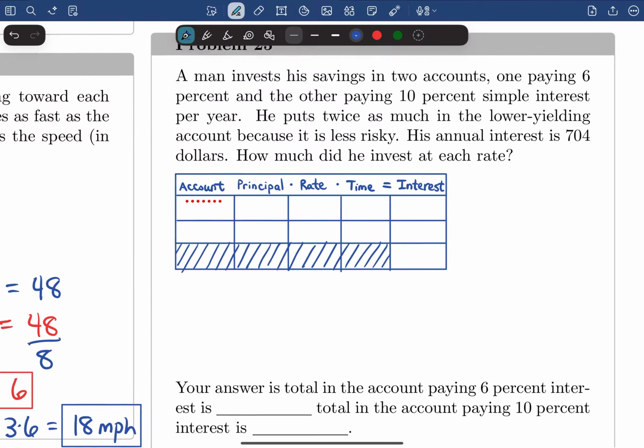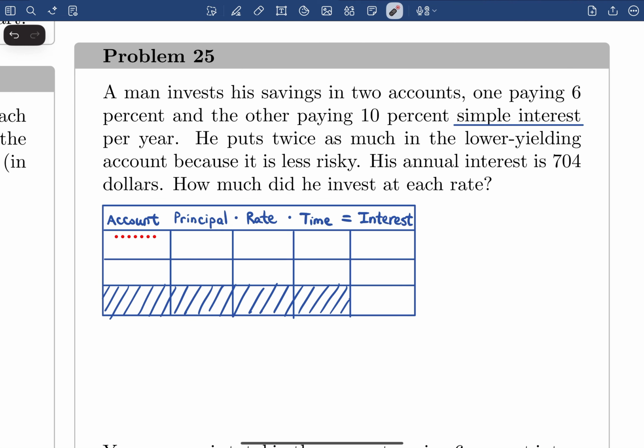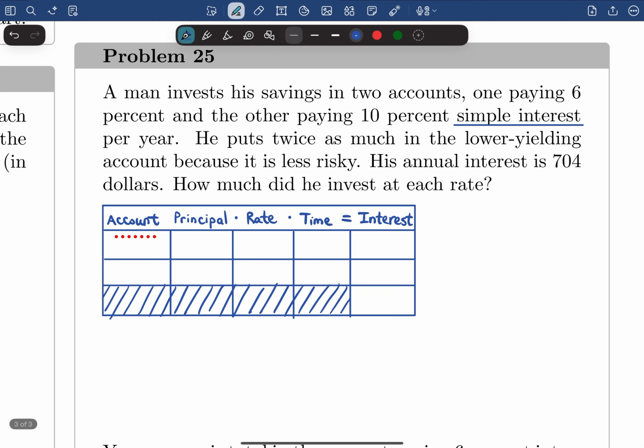Well, let's dive in, and we're talking about, once again, simple interest. Simple interest is the principal times rate times time equals interest. We've got 2 accounts again. One is a 6% account, and the other one is a 10% account. He puts twice as much in the lower yielding account because it's less risky.